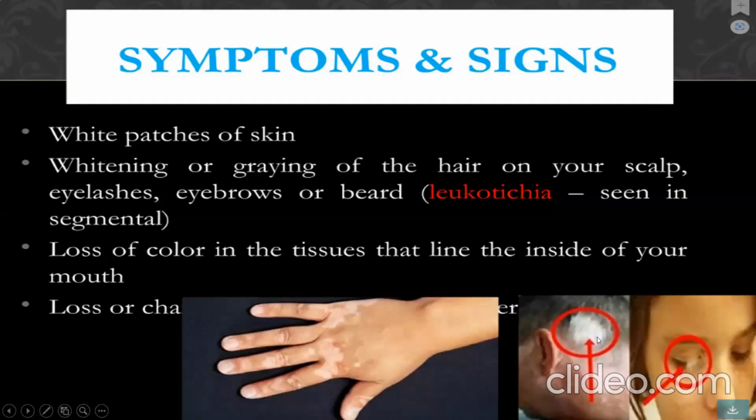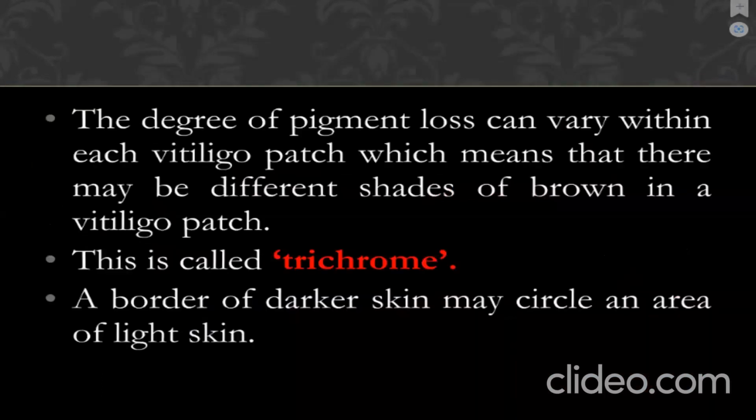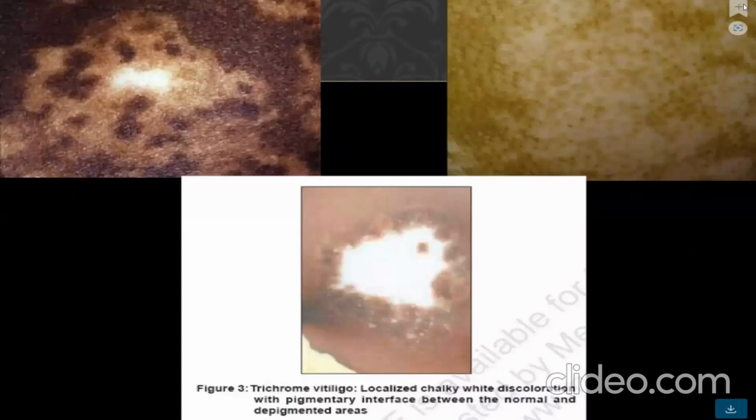You can see in the second image, segmental graying of the hair called leukotrichia. The degree of pigment loss can vary within each vitiligo patch, meaning there may be different shades of brown color in a patch, called trichrome. See in the third image, trichrome vitiligo: localized chalky white discoloration with a pigmentary interface between normal and depigmented areas.